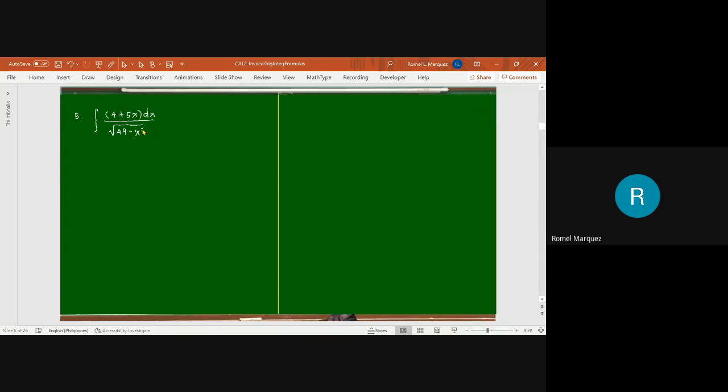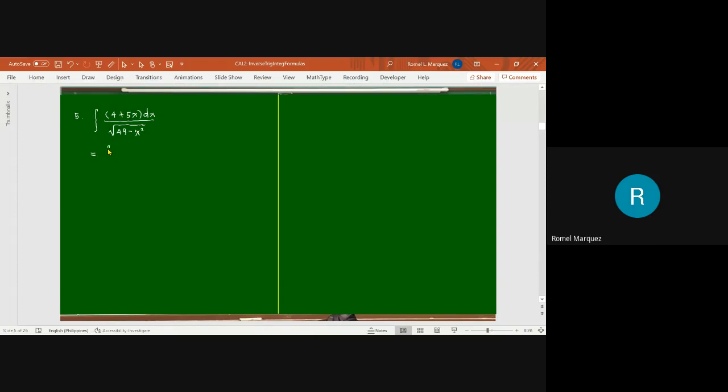What about that? Any suggestion? Can we evaluate this using one integral only, or we need to split into two integrals, guys?